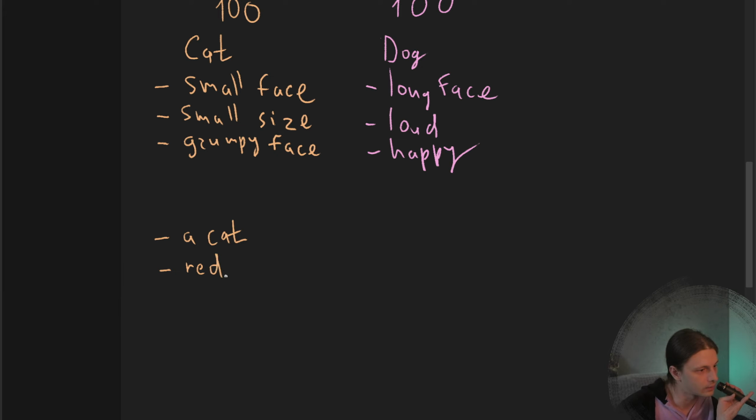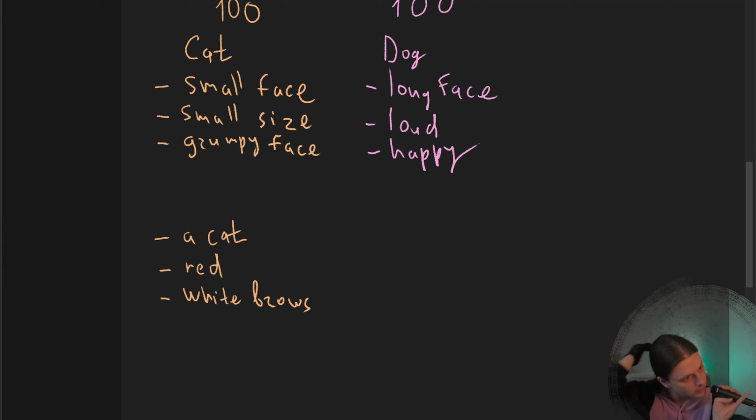Okay, not much better, but it's red, and it has white brows, for example. The list for one particular animal.